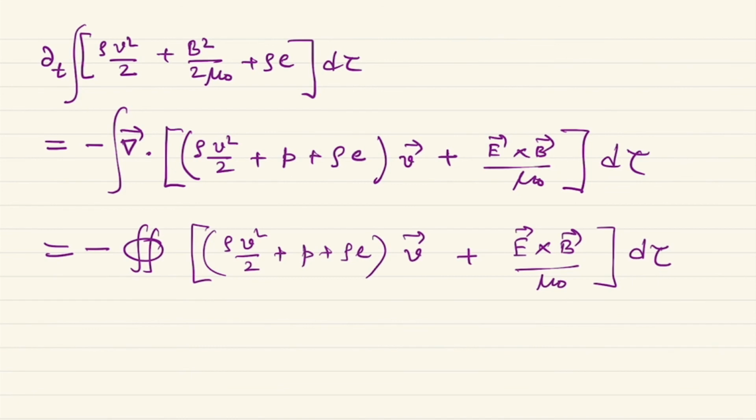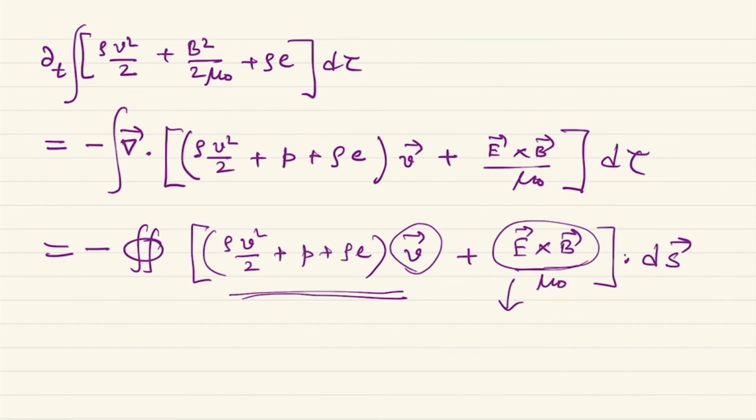So for this part, sorry, not dτ, but it should be this. Now as this total part is multiplied with v, we don't have any problem, because v multiplied with dS gives you 0 on the surface. What about this term?